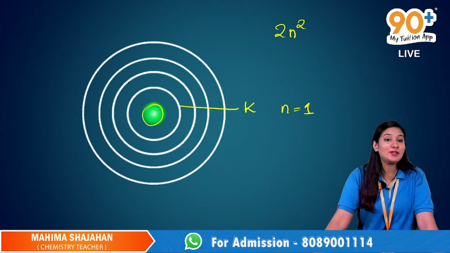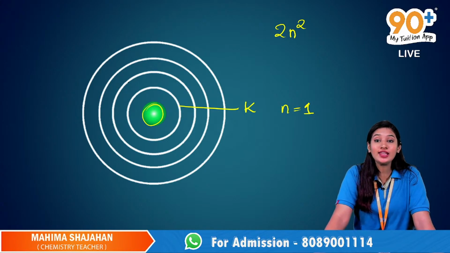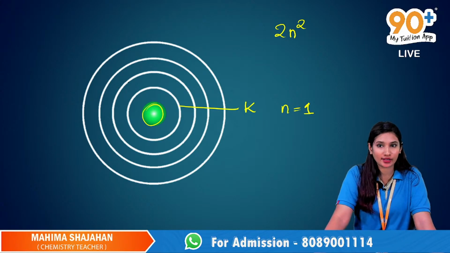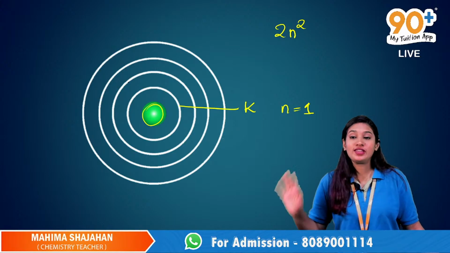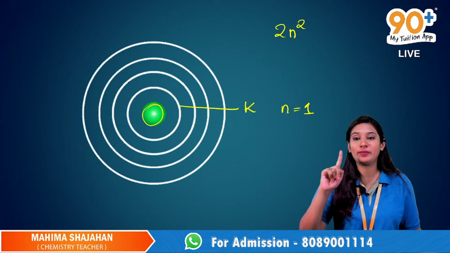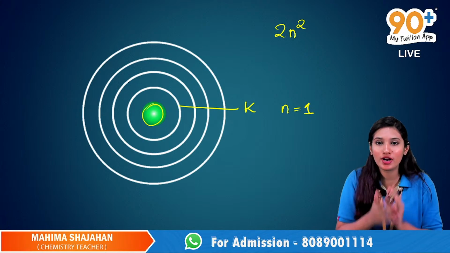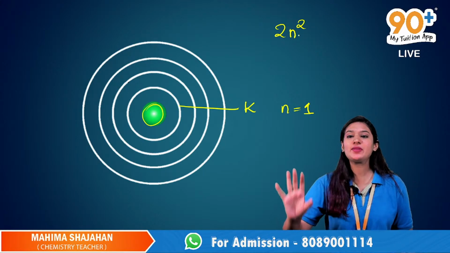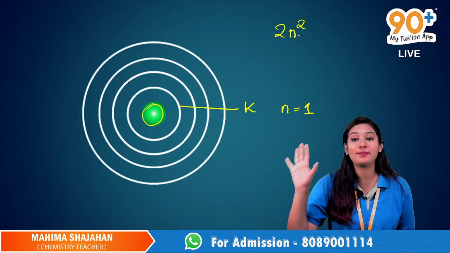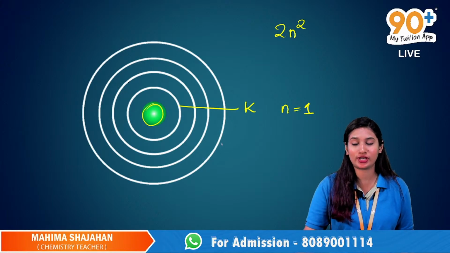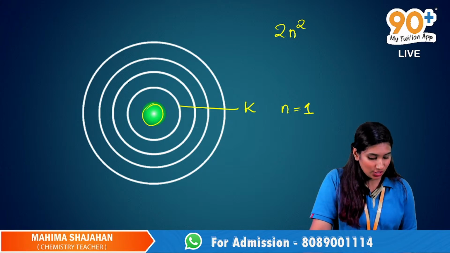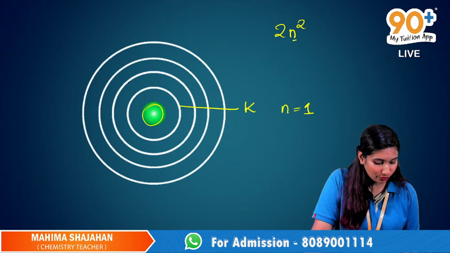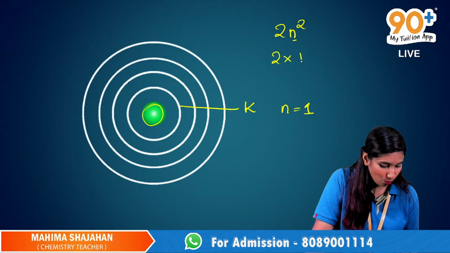First shell, electrons accommodate. So for the K shell, n will be 1 because K is our first shell, right? In order to find the maximum number of electrons that can be accommodated in the K shell, you just put 1 for n. That is 2 into 1 square.